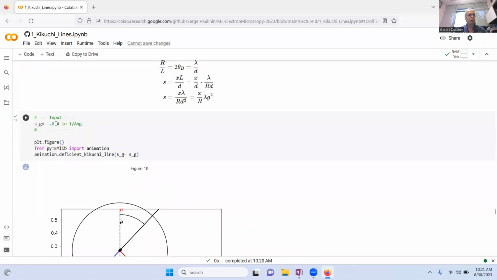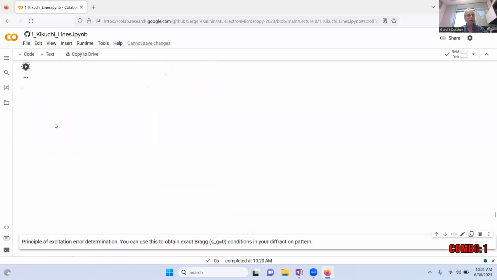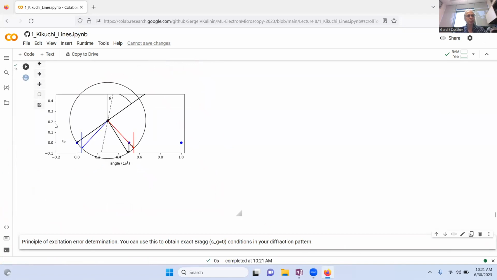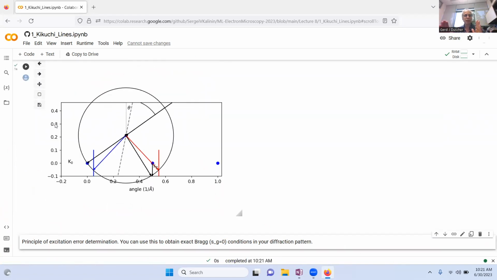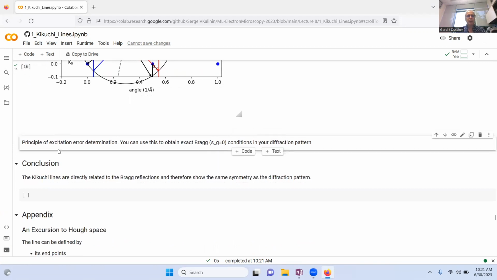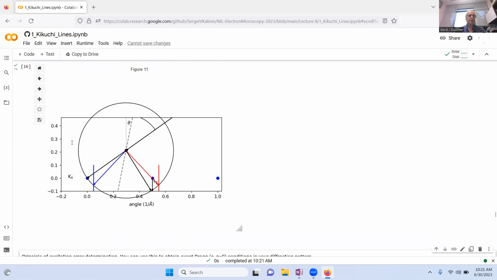If you go negative, a little bit larger, then you can see how that changes. So if you want to be in perfect Bragg condition, all you have to do is look at the Kikuchi lines, and that's how we usually align that as well. Okay, so the key thing is that the Kikuchi lines will give you an idea of what excitation error is where, and then you can use that creatively in your experiments.